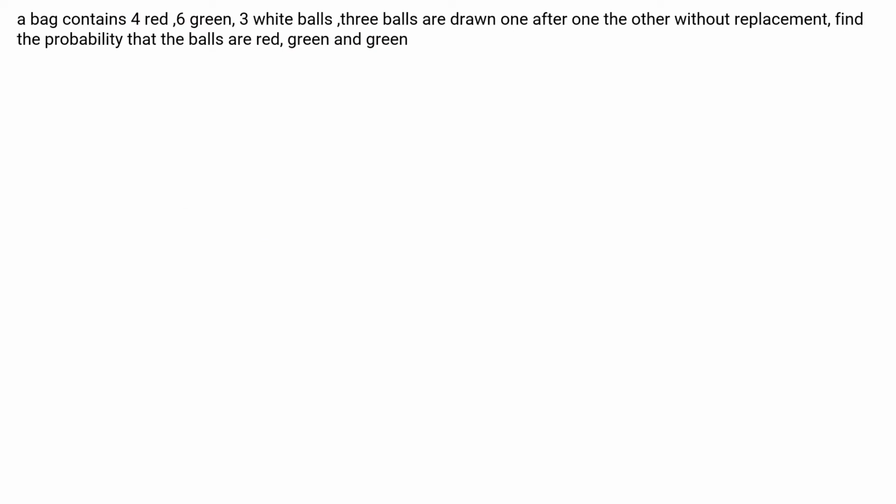Now the next: a bag contains 4 red balls, 6 green balls, 3 white balls. It means again the total number of balls is 13. You have to draw the balls one by one without replacement.